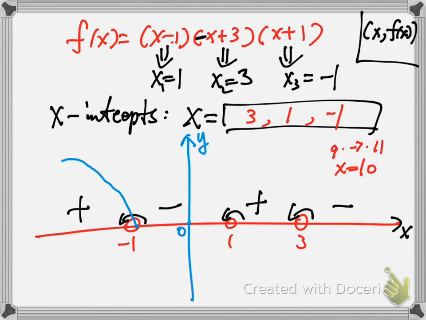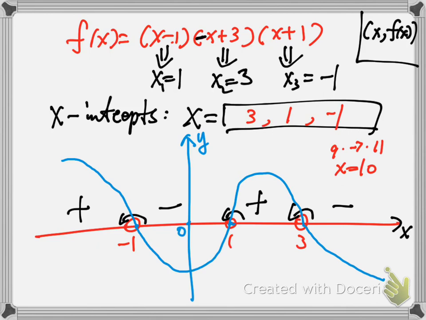And then you decide if it goes down or up. Here's a negative sign, so it goes down and then goes back to 0 at x-intercepts. And then it's positive, so go up and then go back to the x-intercept and then go down because it's negative. So this blue curve is the graph of f.